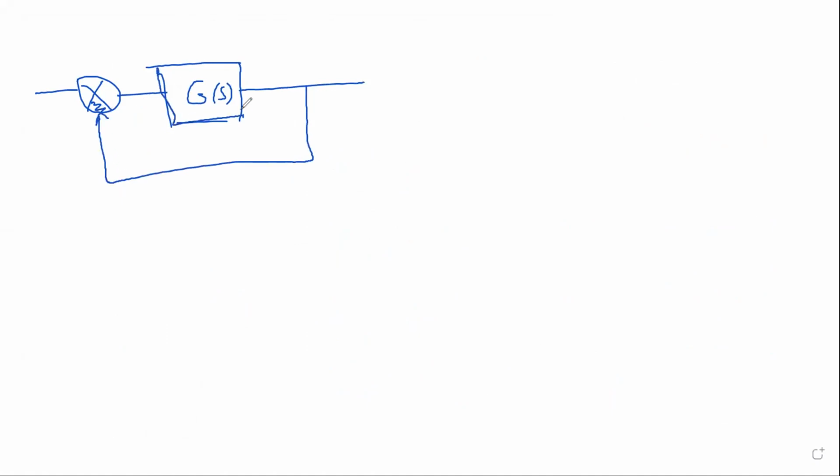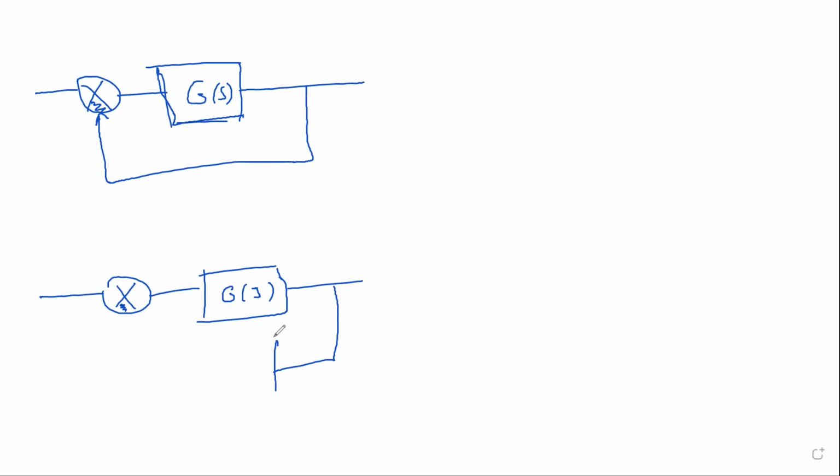So the output of the plant was fed back into the input of the plant. But we also considered this scenario where we had the output of the plant fed back to the input again, but there was a modifier, a controller, what we call the feedback loop.